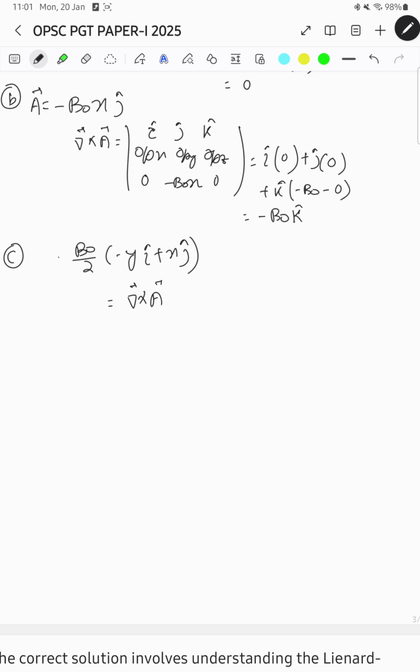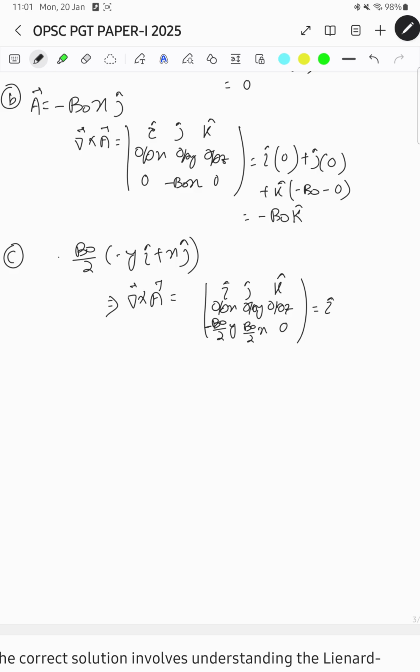Curl of A will be the determinant of i cap, j cap, k cap, dou by dou x, dou by dou y, dou by dou z, and the i component is B0 by 2 into minus y, the j component is B0 by 2 x, and the k component is 0.